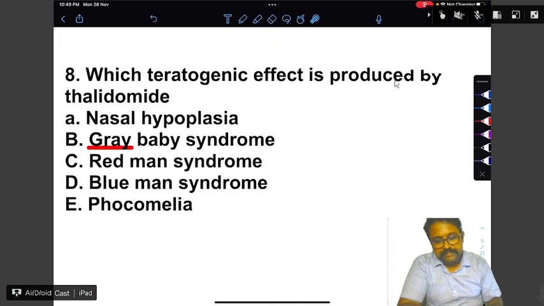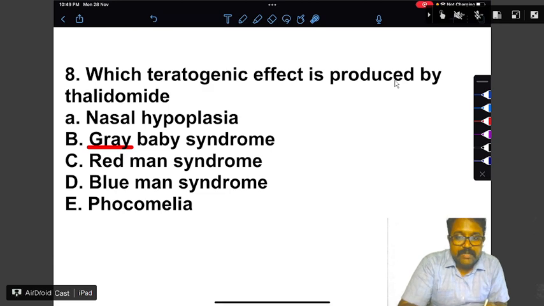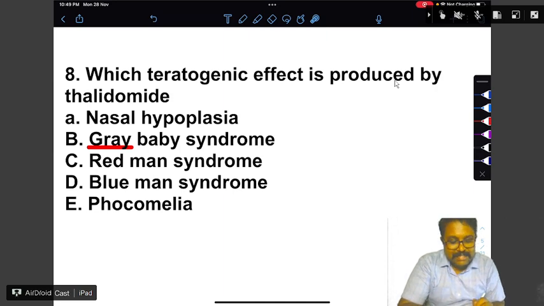Next, moving on to the next question, that is which teratogenic effect is produced by thalidomide. Thalidomide was previously used as an anti-emetic drug in case of pregnancy. Because of this teratogenic effect, it was discontinued. So thalidomide will cause what?